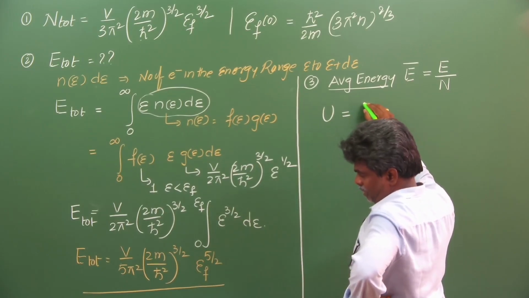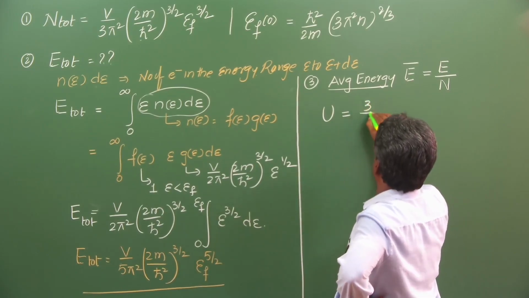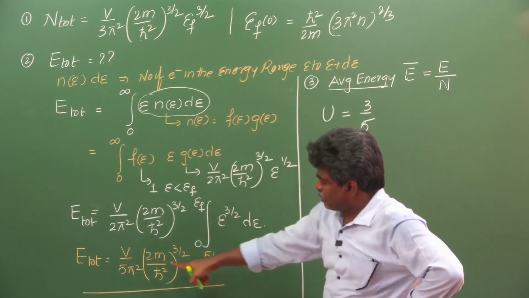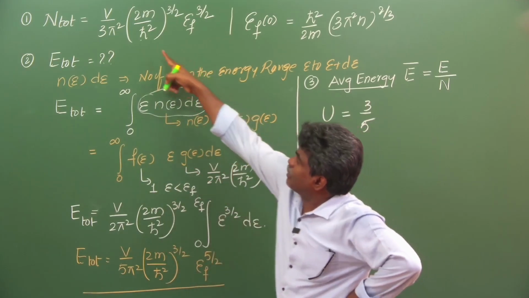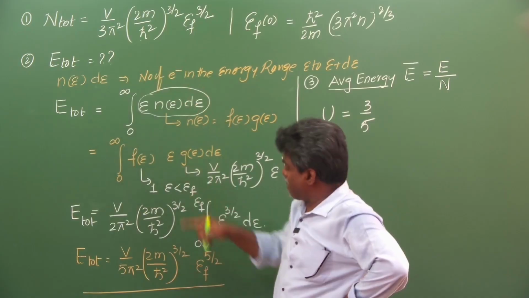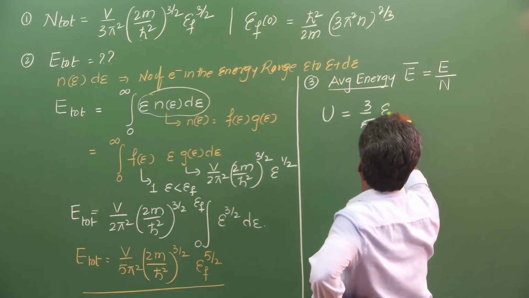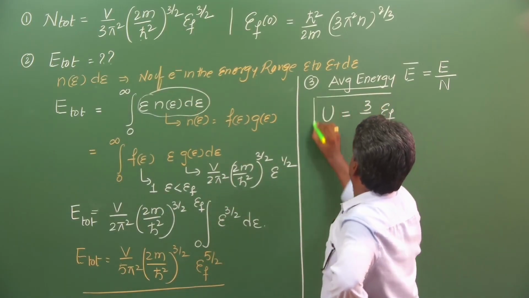I think 3 by 5. So this one and this one get cancelled. V by pi square cancels. I think you got EF. Please check.